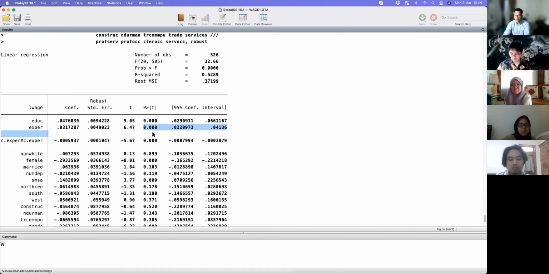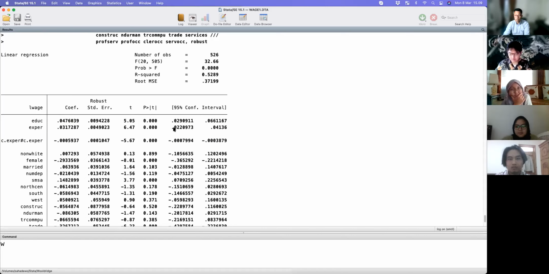Another way of looking at it is to look at the p-value. The p-value here is lower than 0.05. It's even lower than 0.01. In fact, it's even lower than 0.001. It means that both the experience and the squared experience variables are statistically significant.